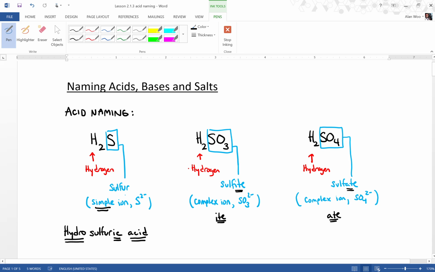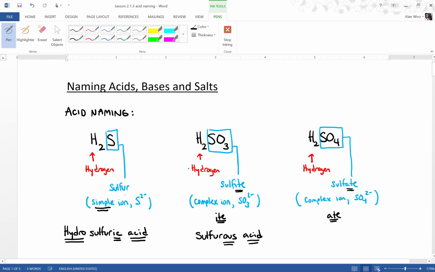So all acids that contain a complex ion that ends in ite, we use the root name of the anion. So in this case, again, it's that sulfur root name. But if it ends in ite, the ending of the acid name is OUS acid. So this will be sulfurous acid.